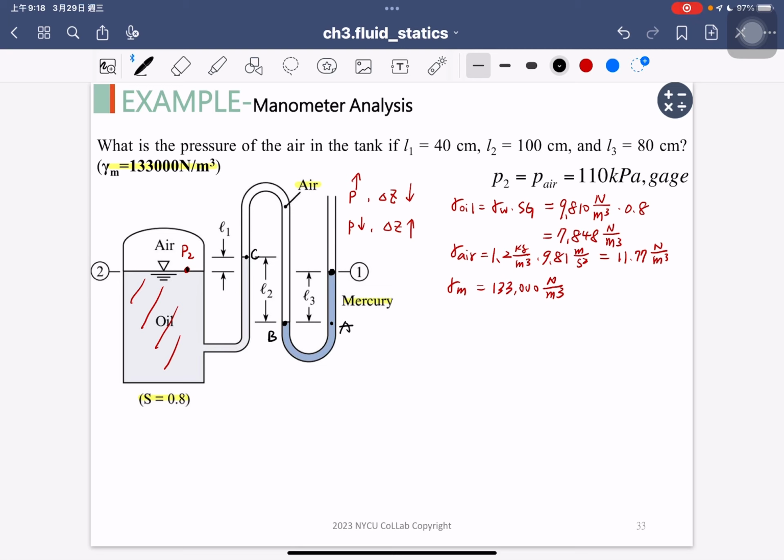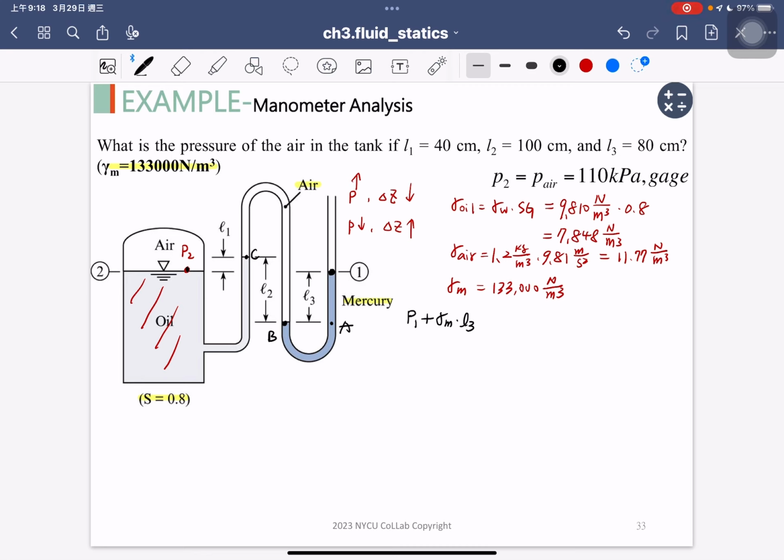I start from point 1. So P1, because right now I'm moving to A, the direction is going down, so the pressure will increase. So I use gamma M multiplied by L3.